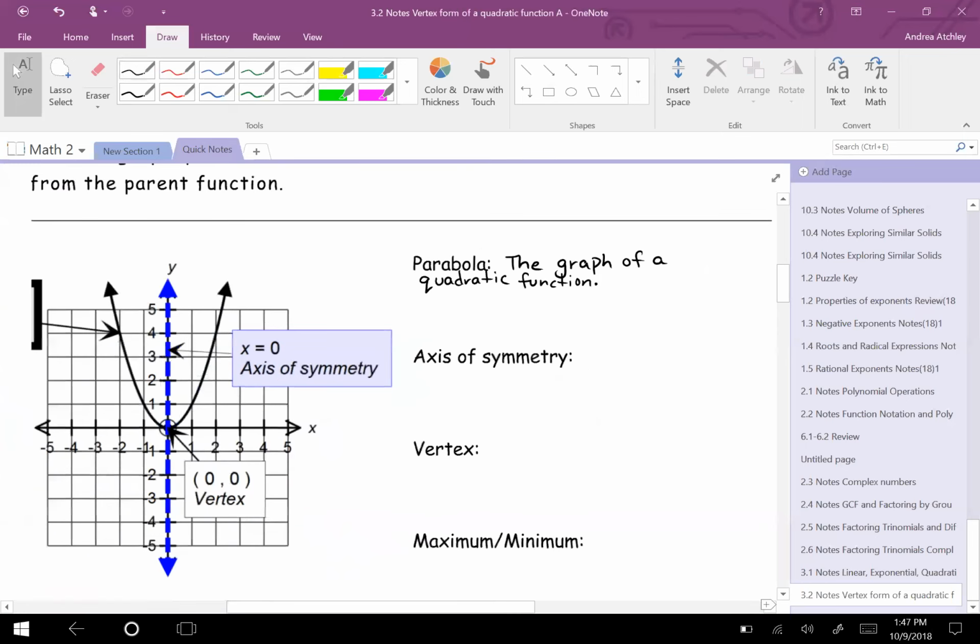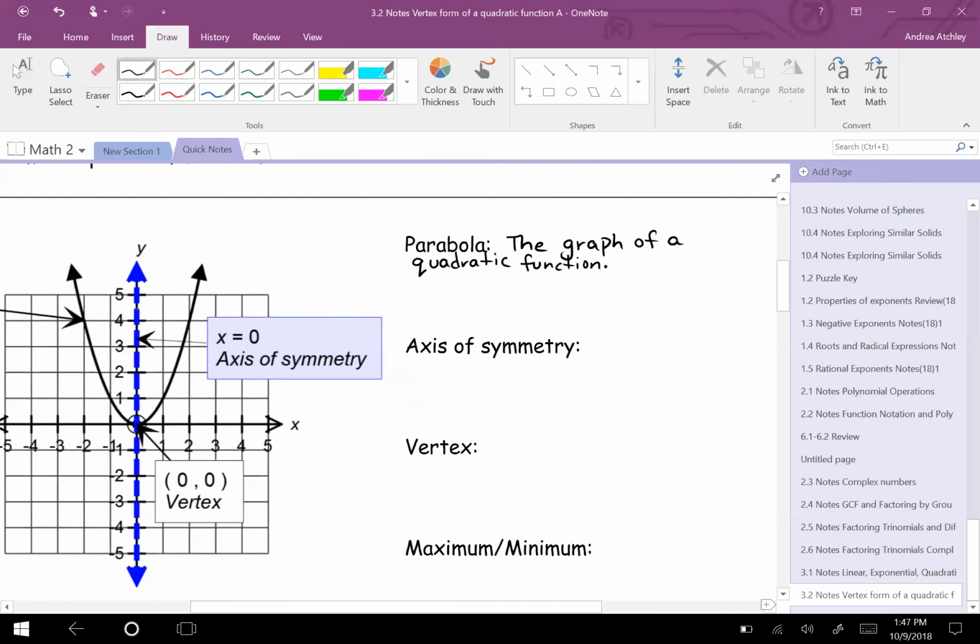The axis of symmetry is a line that goes through the vertex that cuts the parabola into two congruent parts.